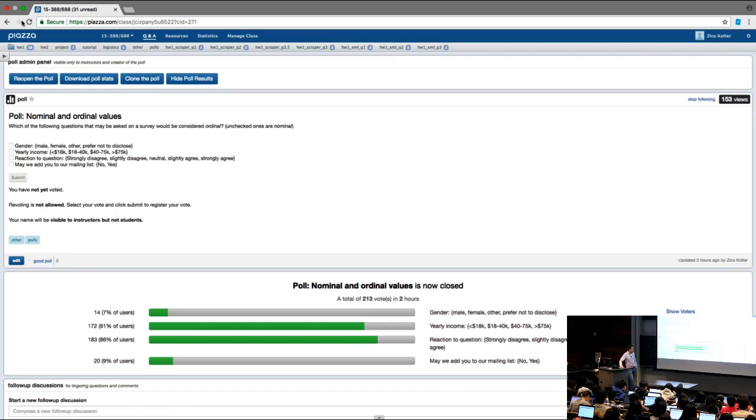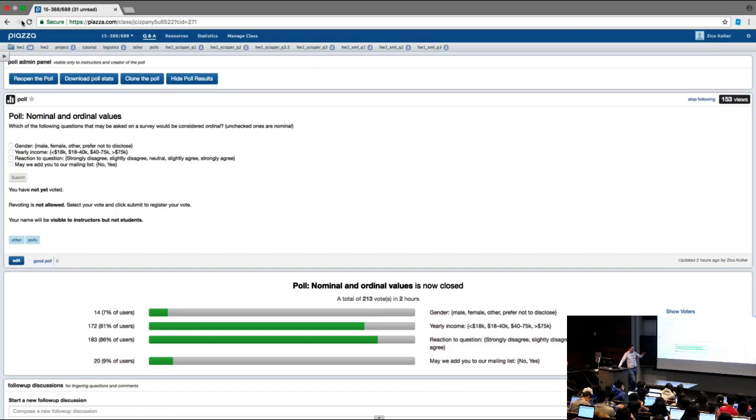The next one is income. Conversely, I would say this is definitely ordinal. Even though these things are not value judgments, that's not really the point, the point is that there's a clear sense in which there's an ordering there, right?